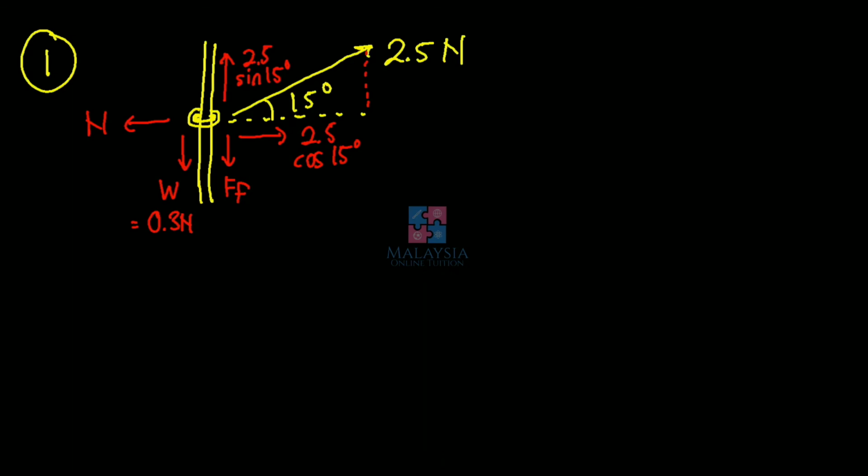Okay, so now the first thing that you should do is let's solve for the vertical component. So let's write resultant force in the vertical component. Sigma Fy, or summation of forces in the y direction, or the vertical component will be equal to 0.